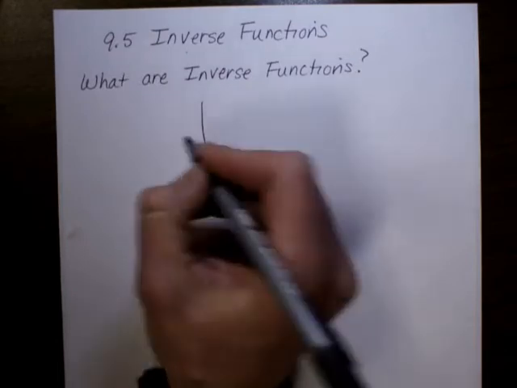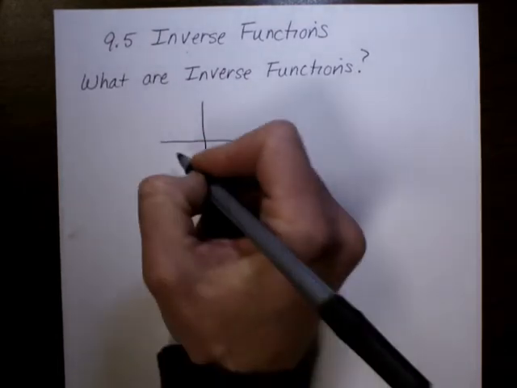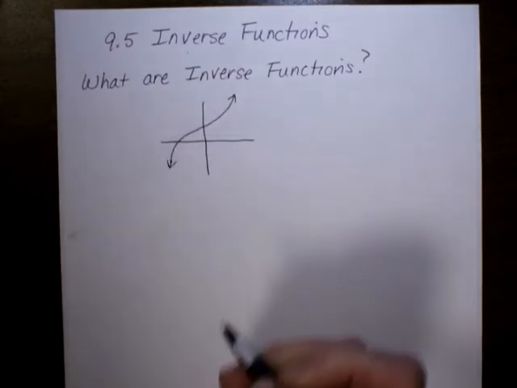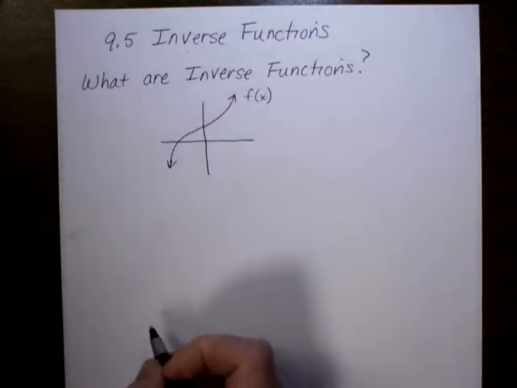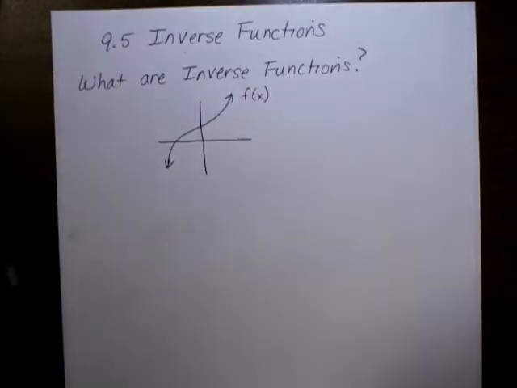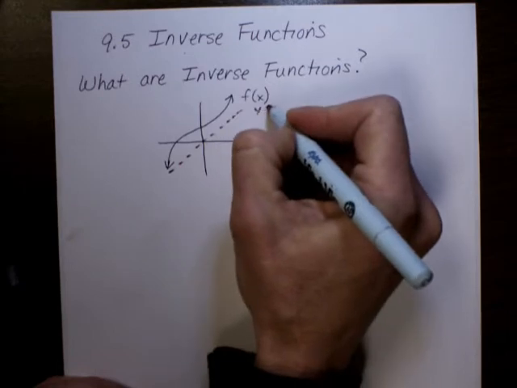Well, graphically, if we look at inverse functions, let's draw an example of a function. There we go. That's like a cubic function maybe. Inverse functions are reflections across the line y equals x.